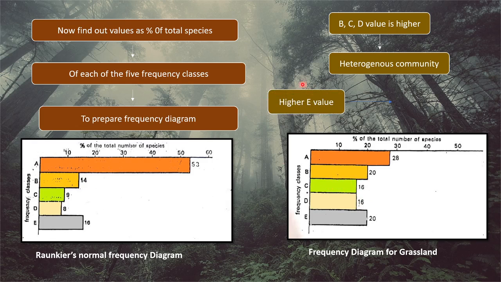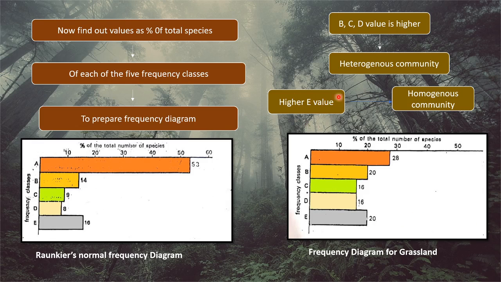And a higher E value, as I told, will indicate a homogeneous community. What is E class? It has 81 to 100% frequency, which means that one kind of plant is present repeatedly in a large number, right? This is why the area does not have any different kinds of plants, and therefore this would be a homogeneous community.